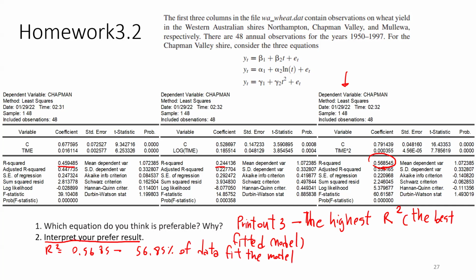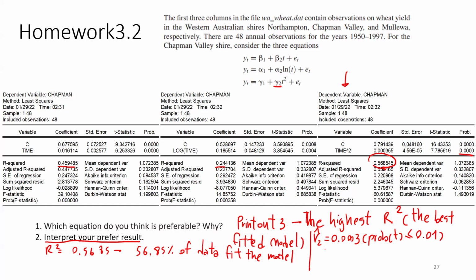Then gamma hat 2 equals 0.003, whose probability is less than 0.01.